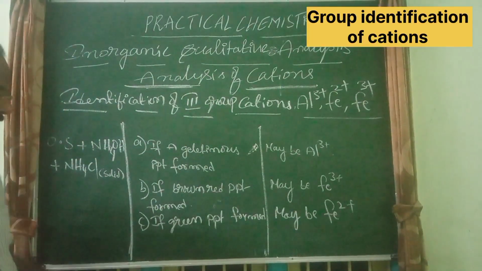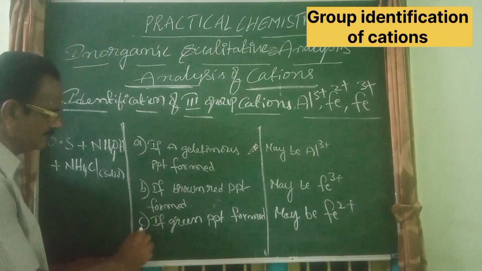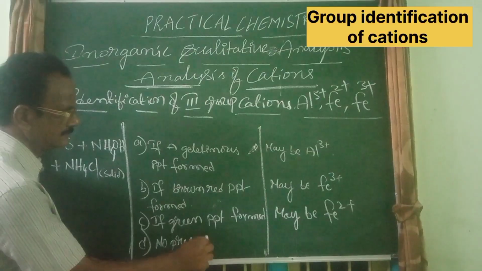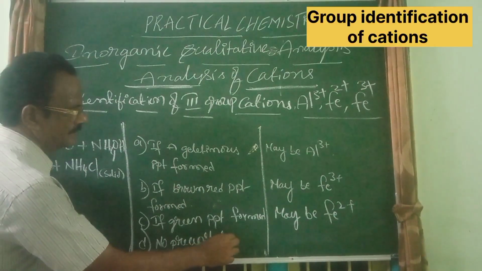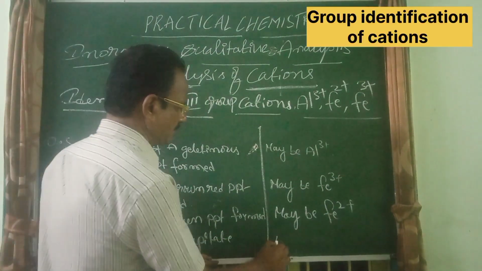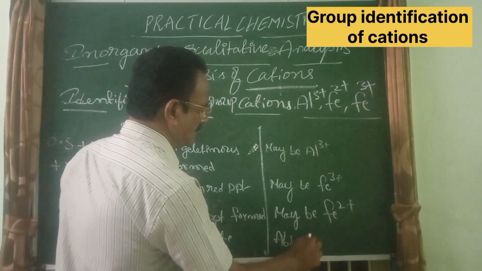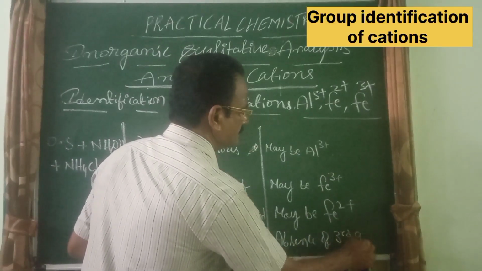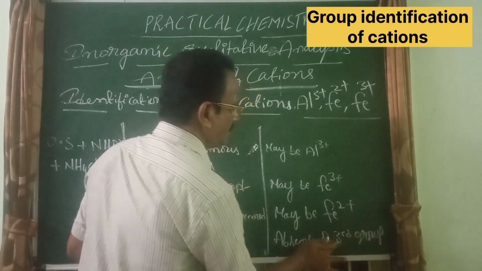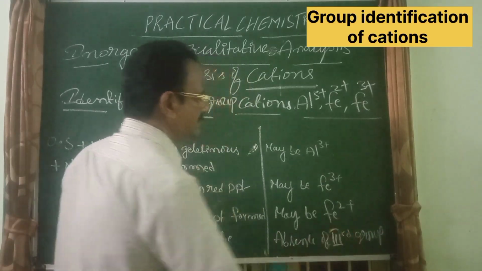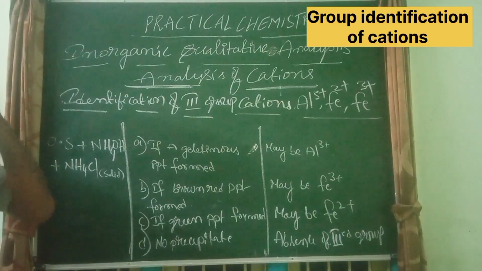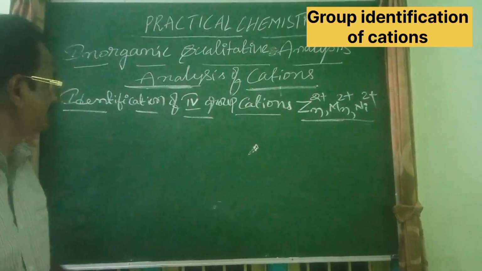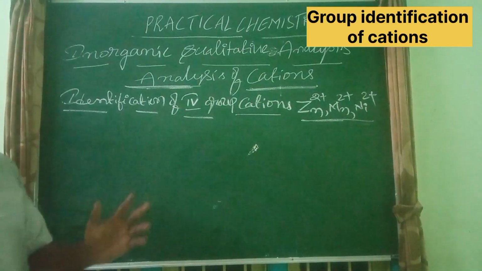Okay, usually as usual, if there is no precipitate, absence of third group. Okay, so like this we can write for the third group. See here, there is absence of third group cations, so one has to proceed for identification of fourth group cations.